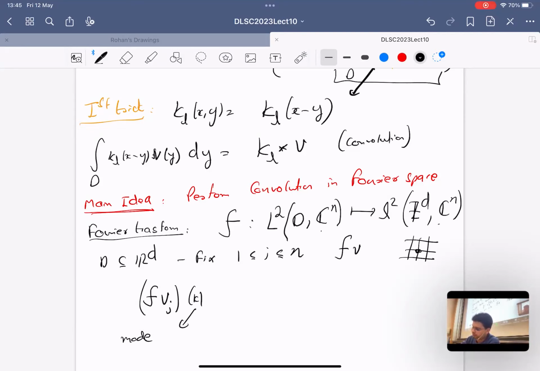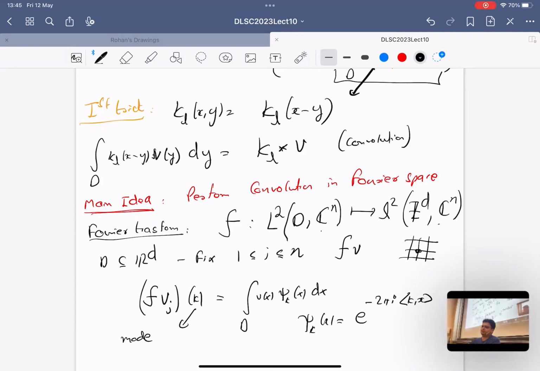So this is equal to the integral over D of V(x) psi_k(x) dx. And what is psi_k? psi_k of x is given by e to the power, it depends on how you normalize, but I generally normalize it like this, of k in a product with x, right? So this is just a Fourier transform, nothing special.